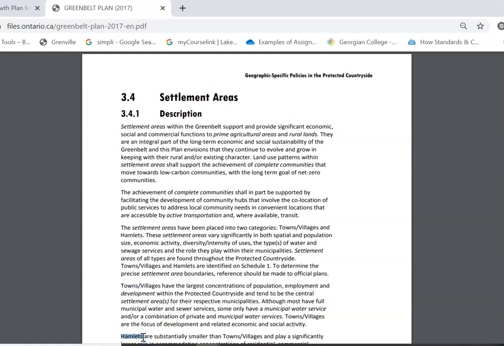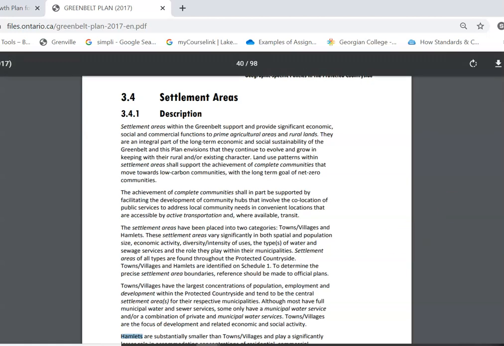I also want you to look at the servicing that is included for each of these. And so when I talk about servicing, think about how towns and villages, the individuals who live there, how do they get their water, how is their wastewater dealt with, versus how hamlets and their water and wastewater may be different.